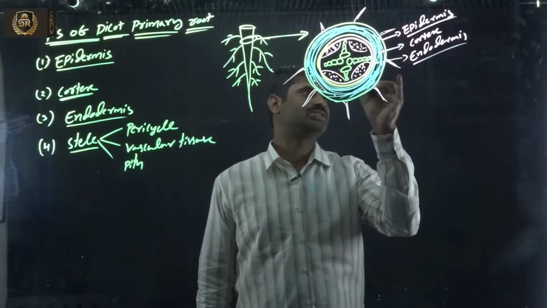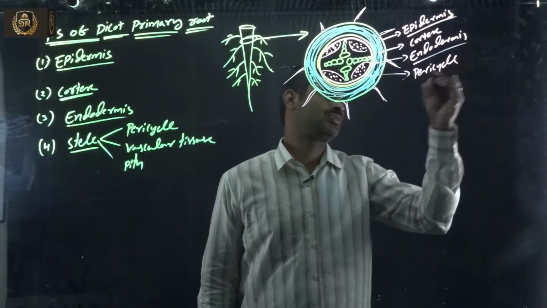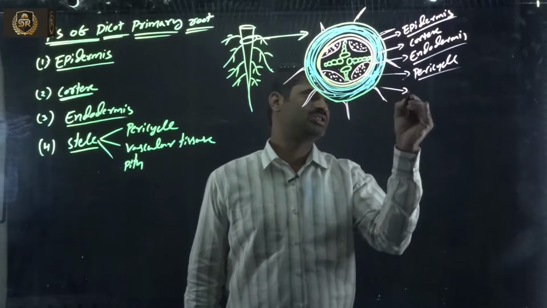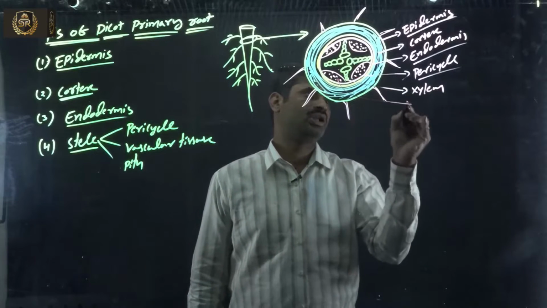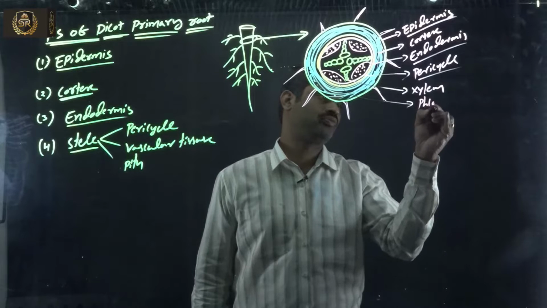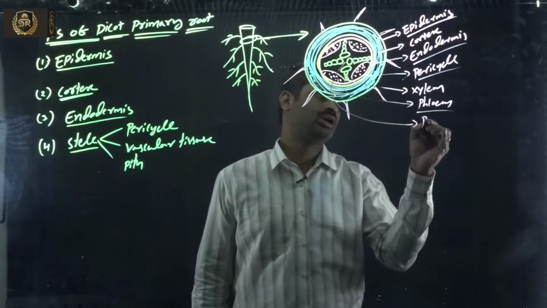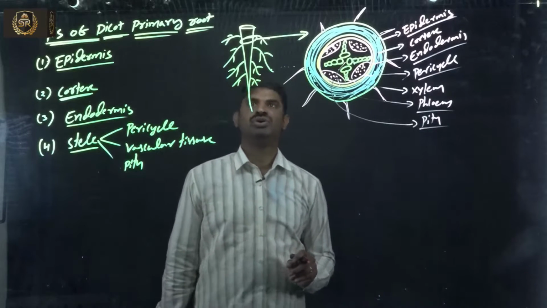Next part, pericycle. And vascular tissue means this is xylem. Next one, phloem. And the center one is called pith. This is the ground plan of a root system.